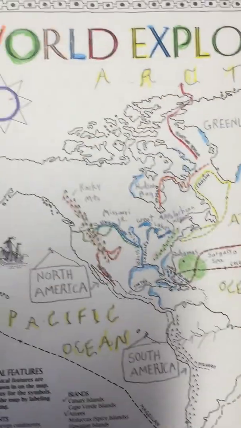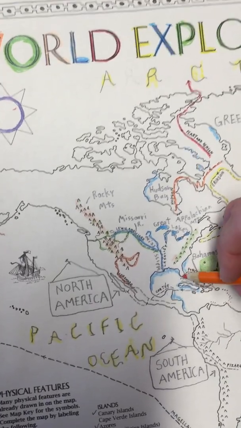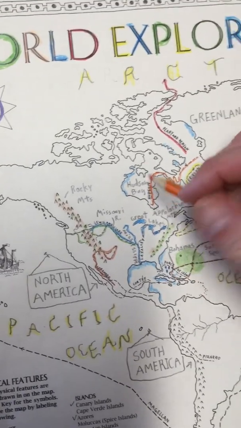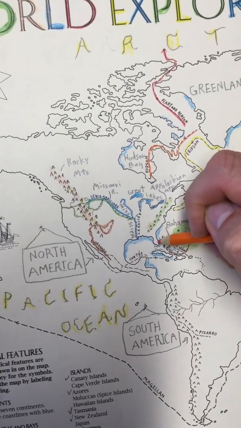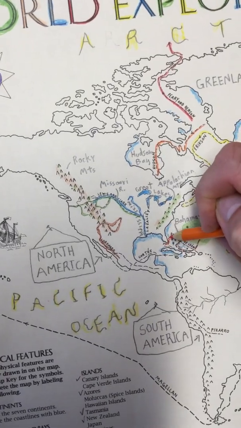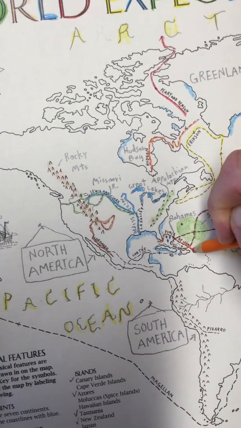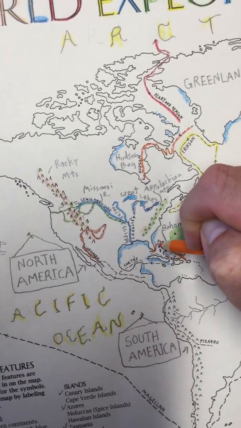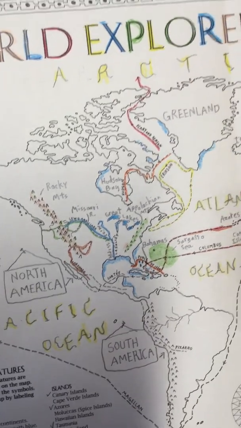Oh, Ponce de Leon. That's one that took place down around Florida and the Caribbean. Let's use an orange for that one. You can see the peninsula of Florida right there. Okay.